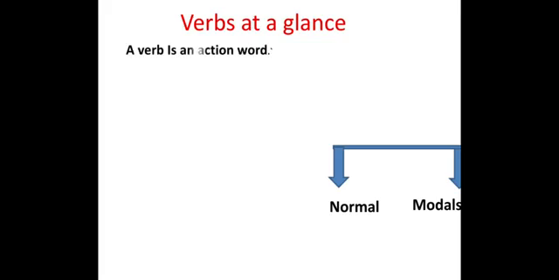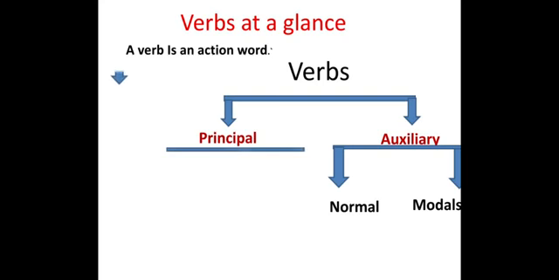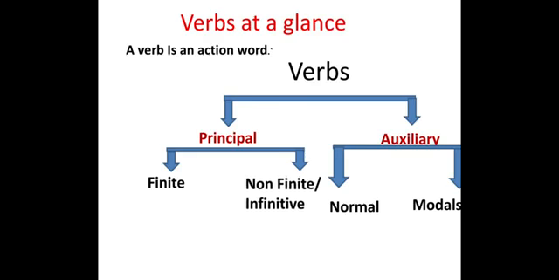Verbs at a glance. A verb is an action word. Verbs are mainly of two kinds, that's principal verb and auxiliary verb. Principal verb is of two kinds, that is finite verb and non-finite verb.